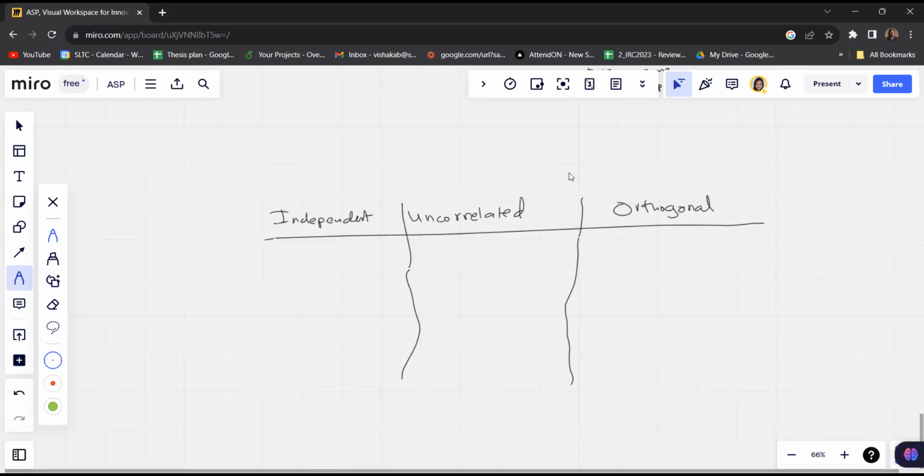So the properties that we discussed were that E[XY] equals E[X]E[Y] here, because for independent random variables, X and Y work in independent manners.